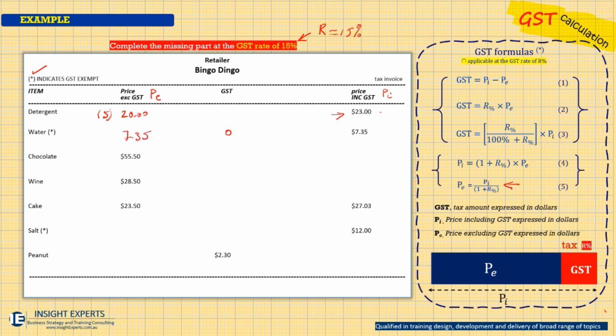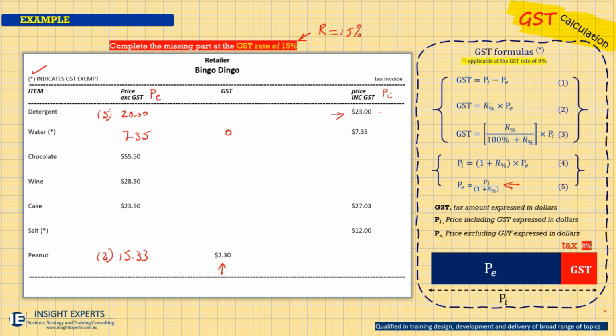Let's do another one right at the end. For example, the peanut, where we have the price and the GST amount, and to calculate the PE, we use equation number 2. If we do that, we get 15.33.